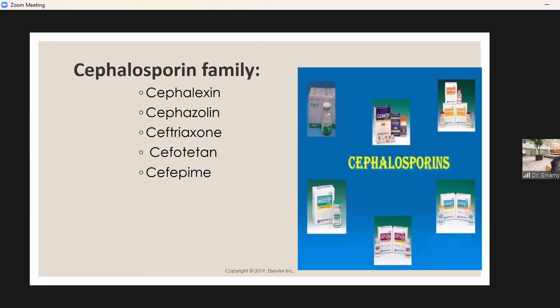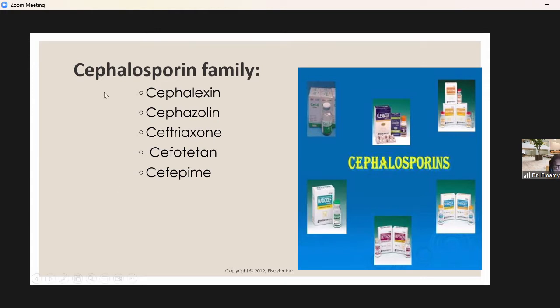And we have the cephalosporin family, starting with the prefix ceph, like cephalexin, ceftriaxone, cefepime. Remember, cephalosporins are the only group of antibiotics that have 4 generations: first, second, third, and fourth generation. As you go from first generation to fourth generation, they are more effective against gram-negatives.